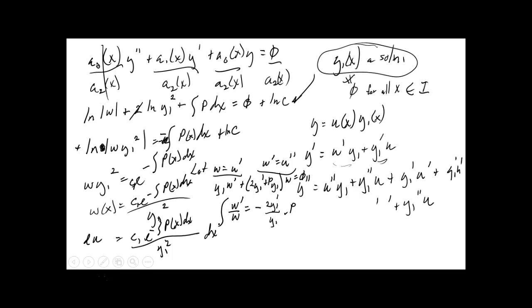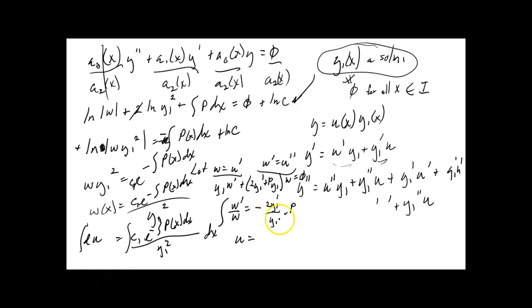And when you integrate both sides of this, you get u is equal to, let's pull the C1 out, and that will be the integral of e to the minus integral of p of x dx over y1 squared plus some other constant, let's call that C2.